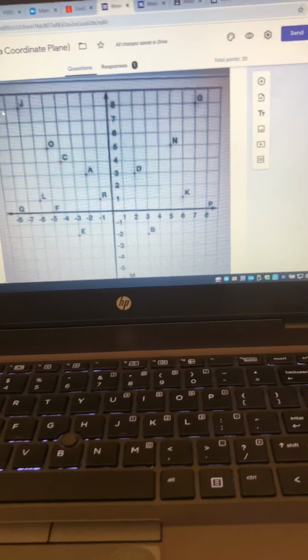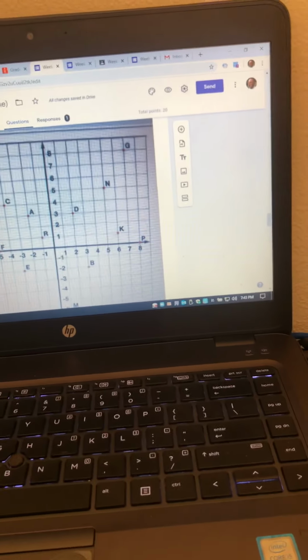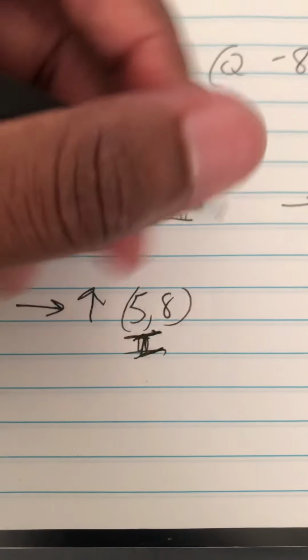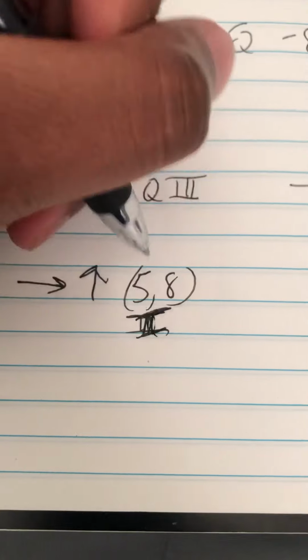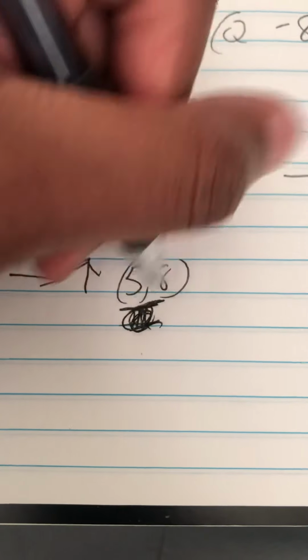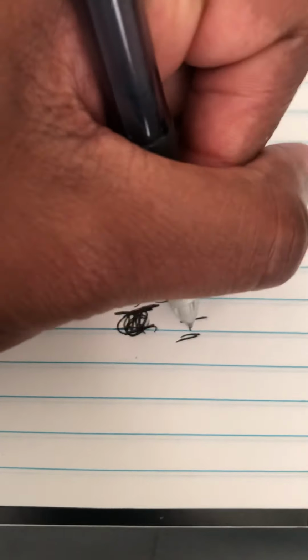I said over up. This should be quadrant 1. I'm sorry guys, this should be quadrant 1, because it's positive, positive. Over up, that's quadrant 1, Mr. B. But you guys knew that. All right.